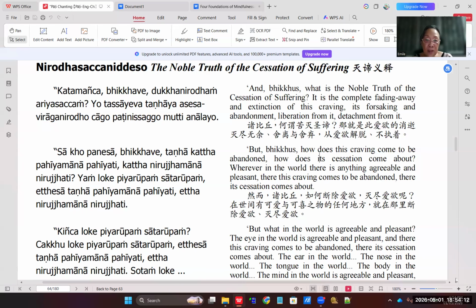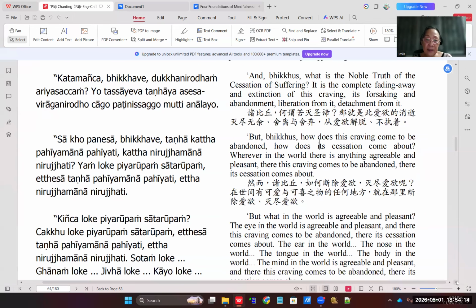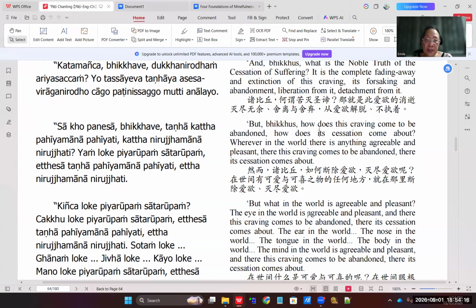But what in the world is agreeable and pleasant? The eye in the world is agreeable and pleasant, and there this craving comes to be abandoned. There its cessation comes about. The ear in the world, the nose in the world, the tongue in the world, the body in the world, the mind in the world is agreeable and pleasant, and there this craving comes to be abandoned. There its cessation comes about.